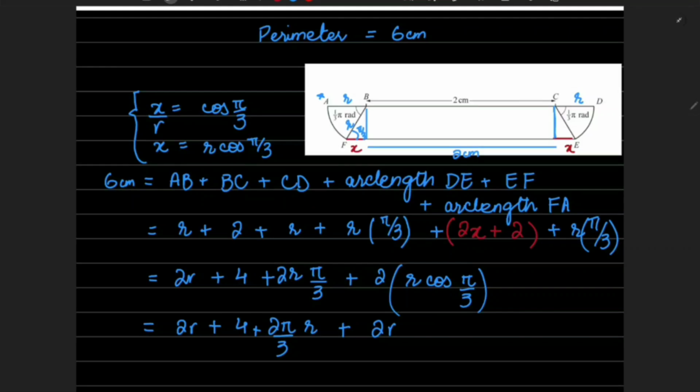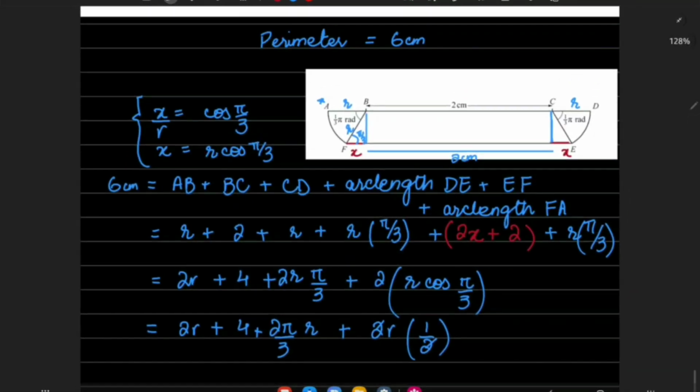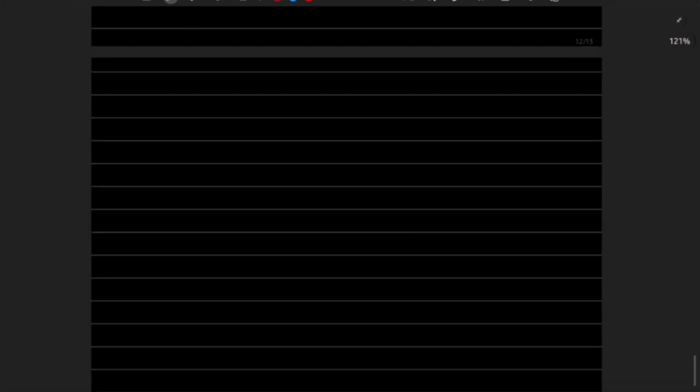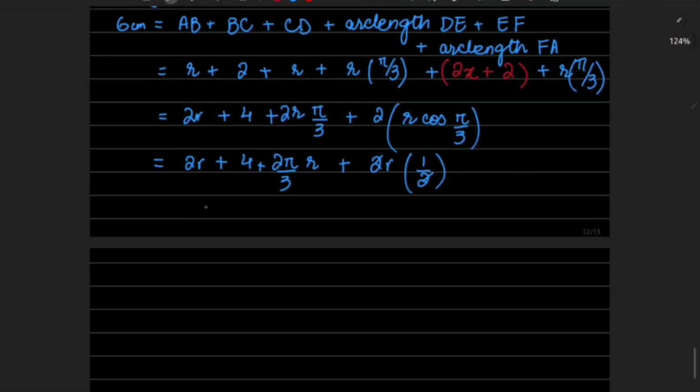What is cos pi over 3? Cos pi over 3 is 1 over 2. So we are again left with 1 r, because 1 over 2 and 2 will cancel out. So we are left with 3r plus 4 plus 2 pi over 3 r equals 6.